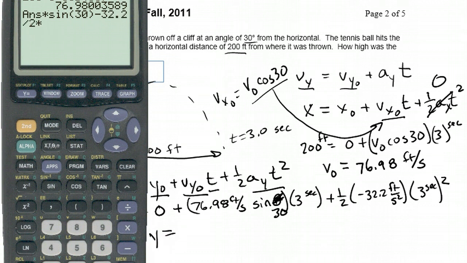I've noticed a mistake here, 3 squared. I forgot to plug my t into my equation right here. So let's go back and insert times 3. So double checking, I've got my velocity, sine 30 times 3, minus 32.2 divided by 2 times 3 squared.